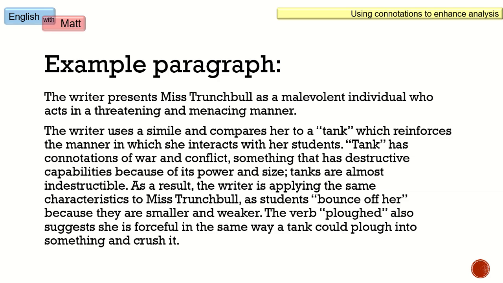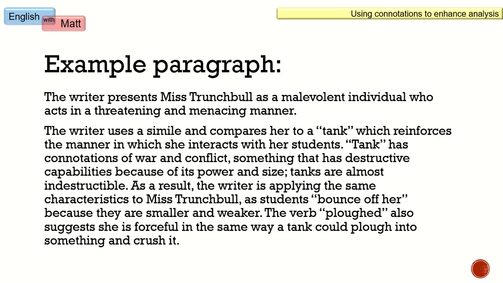The writer uses a simile and compares her to a tank, which reinforces the manner in which she interacts with her students. Tank has connotations of war and conflict, something that has destructive capabilities because of its power and size. Tanks are almost indestructible. As a result, the writer is applying the same characteristics to Miss Trunchbull, as students bounce off her because they are smaller and weaker.